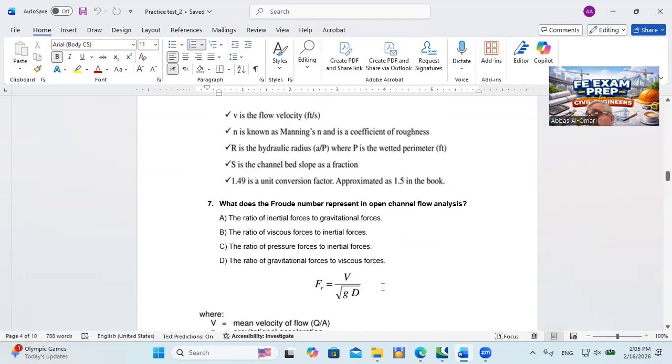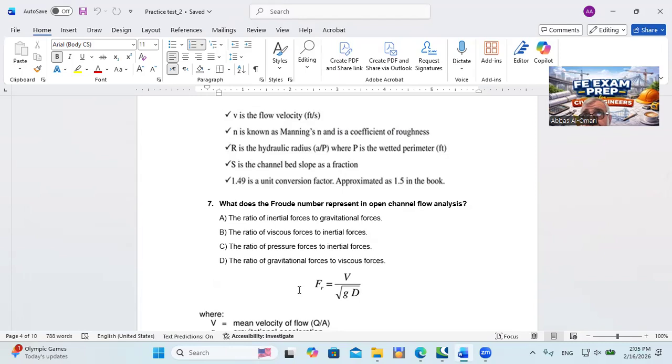This is the Froude number, V over square root of gD. So if the Froude number is greater than 1, the flow is supercritical. If the Froude number is less than 1, flow is subcritical.